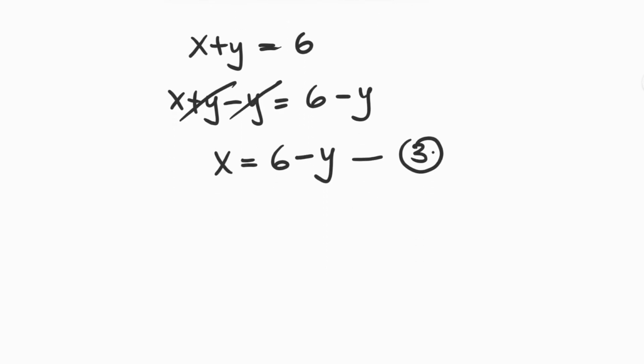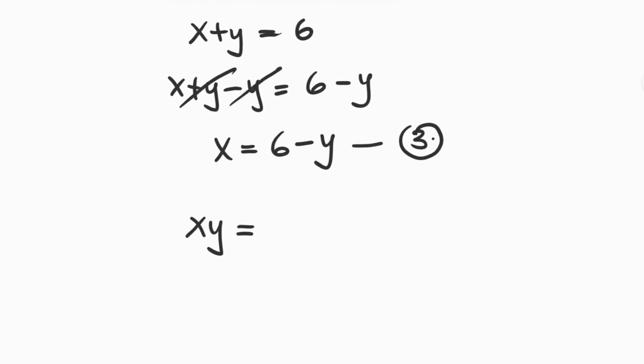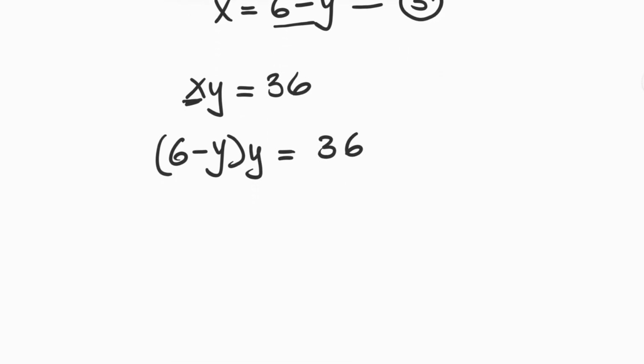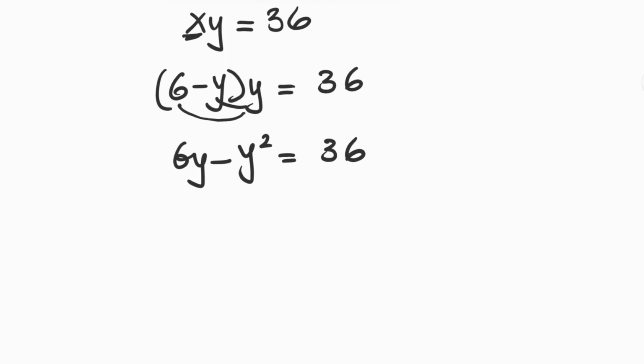Now, our equation 2 states xy to be equal to 36. So let us plug in the value of x here. We found our x to be 6 minus y, so we'll replace x with 6 minus y times y equals 36. Let us open up our parentheses. y multiplied by 6 will give us 6y, and y times minus y will give us minus y squared equals 36.